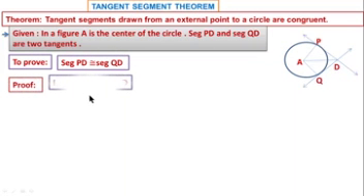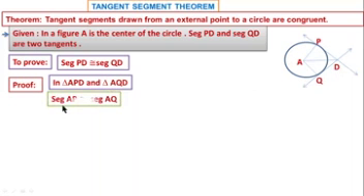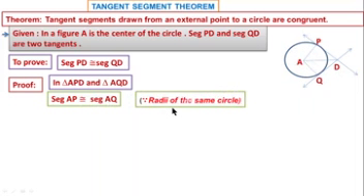Proof: in triangle APD and triangle AQD, segment AP is congruent to segment AQ. Why? Radii of the same circle.